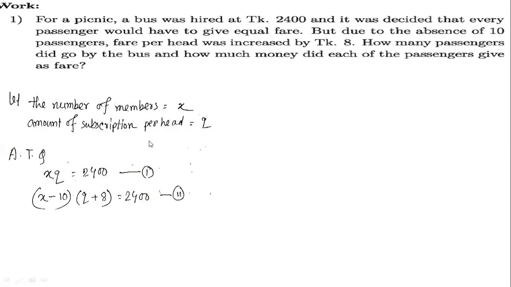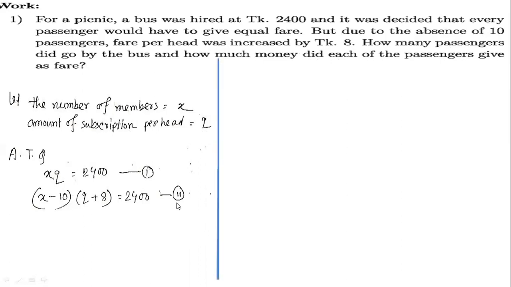But the problem is now 10 members were absent. So 10 will be subtracted from the total number, it will be x minus 10. And 8 taka per head was increased, so q plus 8, that equals our total taka, that is 2400.